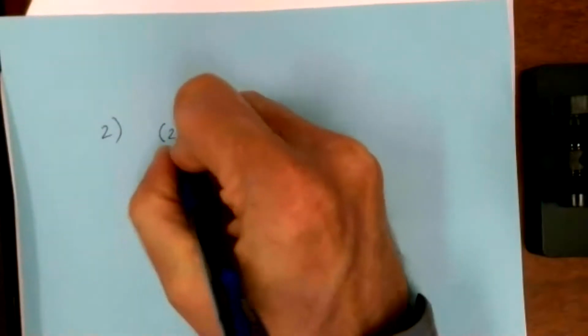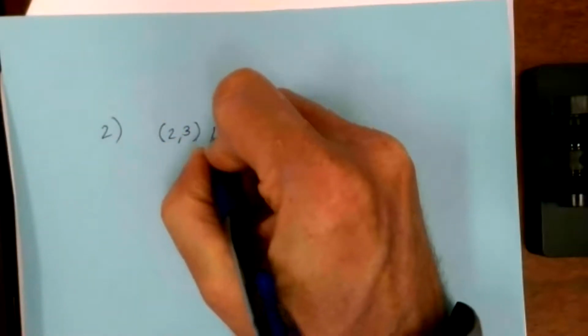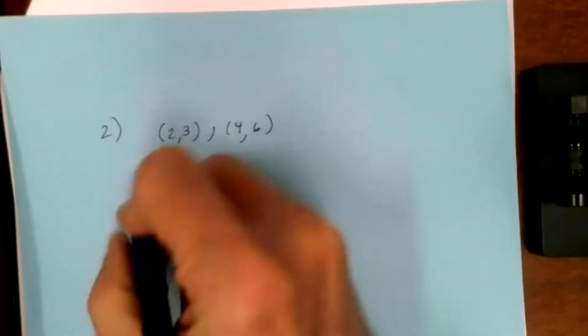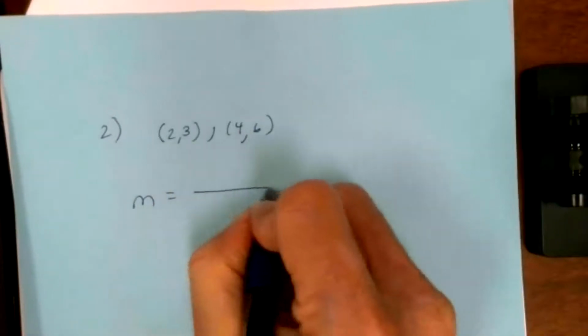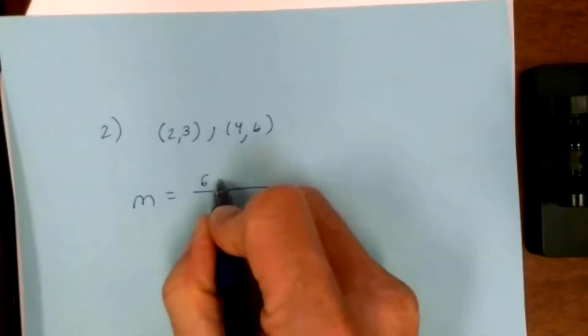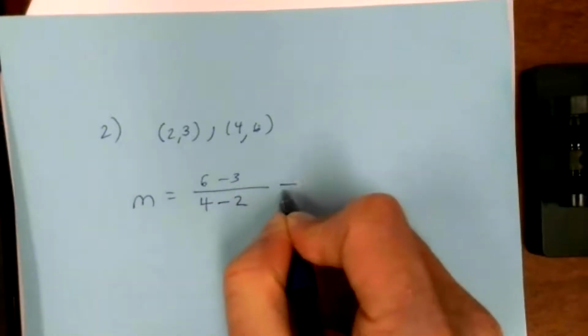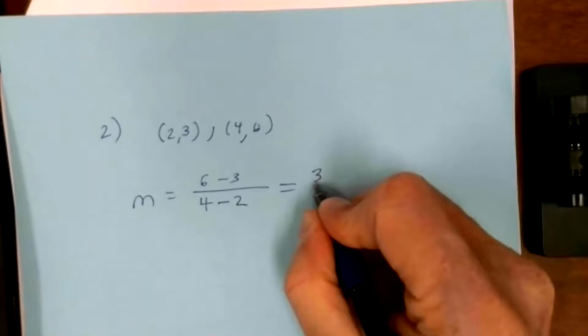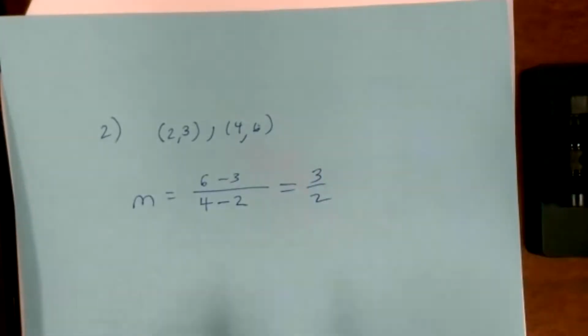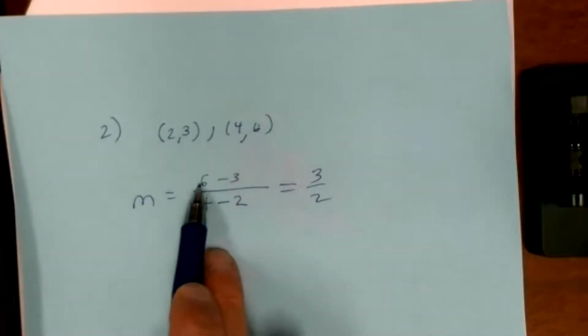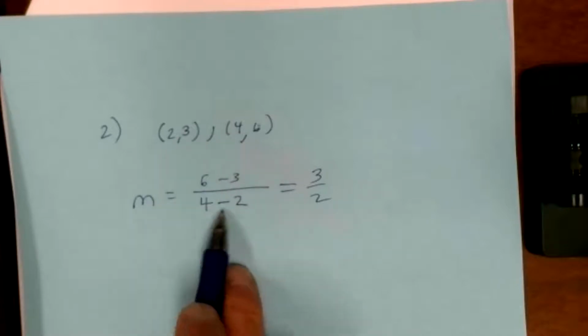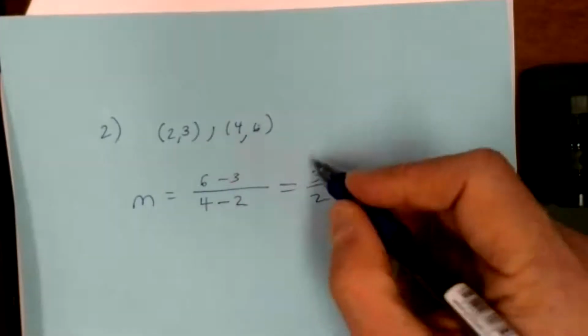The points again were (2, 3) and (4, 6). So the slope will be 6 minus 3 over 4 minus 2, which gives me 3 over 2. Plugging in again, subtract the y coordinates, 6 minus 3, subtract the x coordinates, 4 minus 2, gives me 3 over 2.